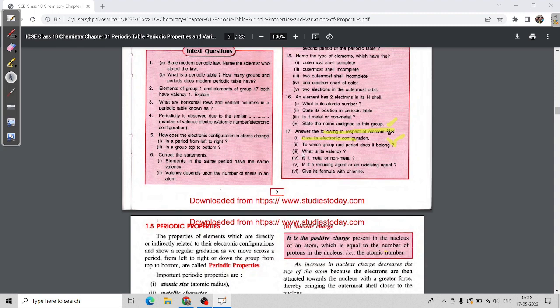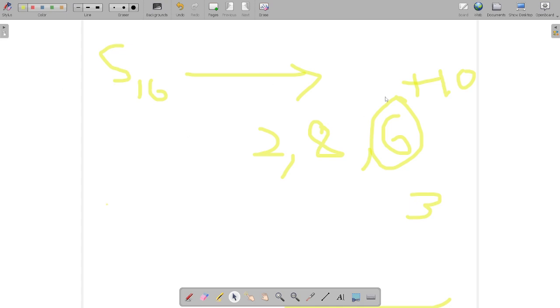Then what is the valency? Check the valency. My valency of this is minus 2.